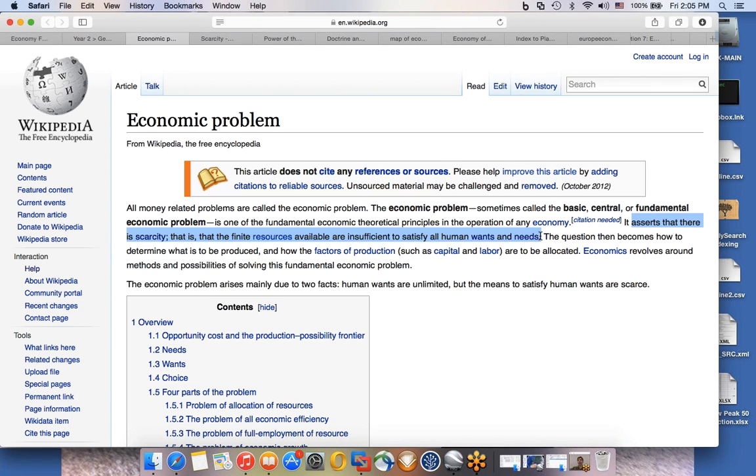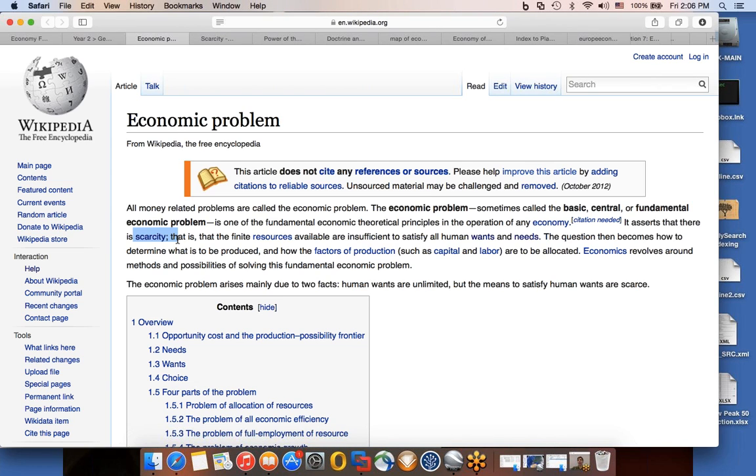One of the fundamental issues of the economic problem is this principle of scarcity, that something is valuable because it is scarce. What does that mean? What does the term scarcity mean, or that something is scarce? What does that mean to you?